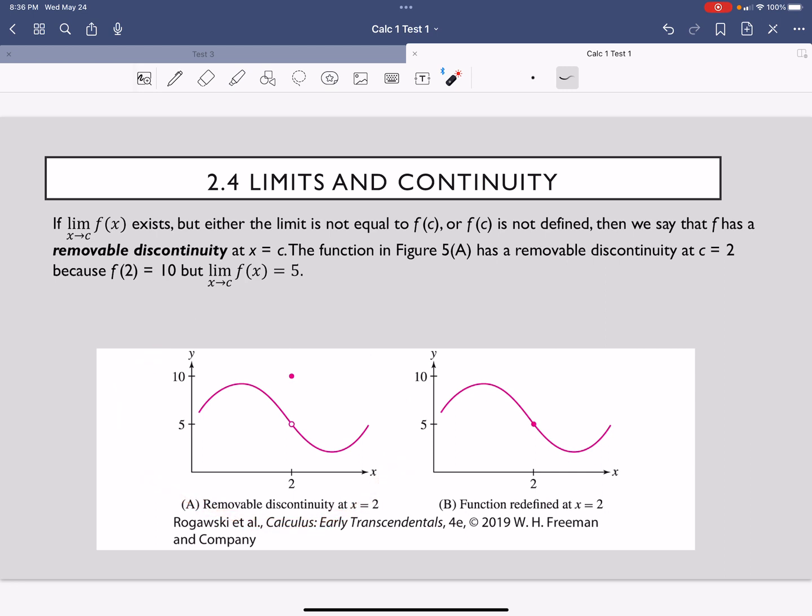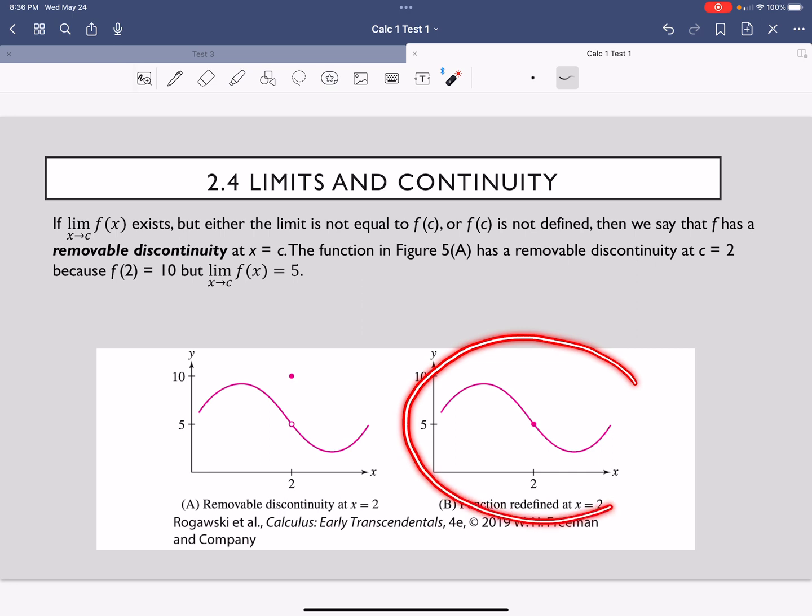One example of this is when we have a rational expression and the numerator can be factored and a factor in the denominator can cancel out. We don't have an asymptote, we have a removable discontinuity. That's what this picture is showing us, a removable discontinuity.